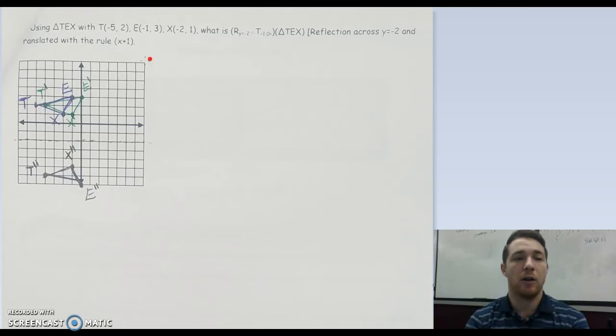But then if I follow that with a reflection over the line y = -2, first thing you have to remember is that y = -2 is a horizontal line through the y value of -2. And if I use my rules again for reflections, I reflect my points from my image, and that gives us a second image. So my final position of that triangle is going to be a little bit lower because I reflected it over that horizontal line.